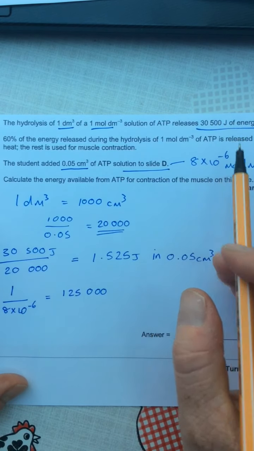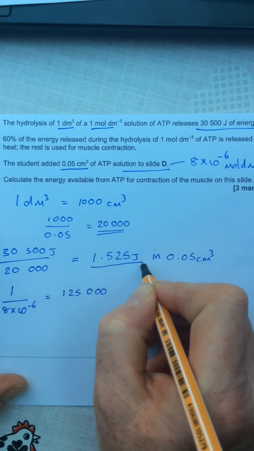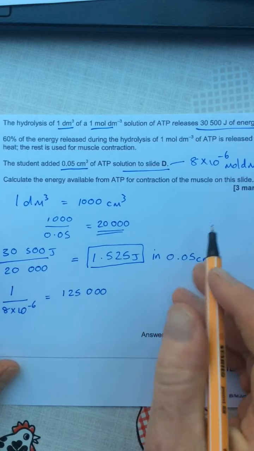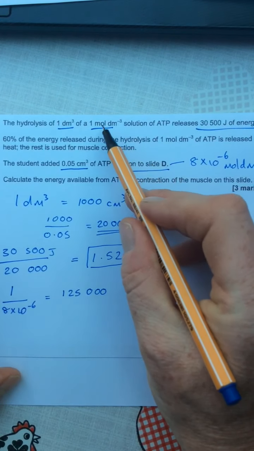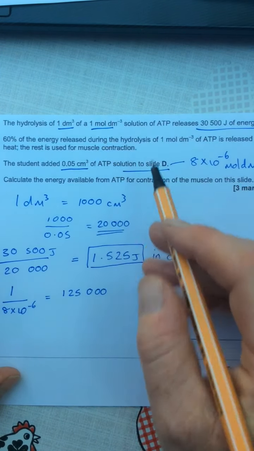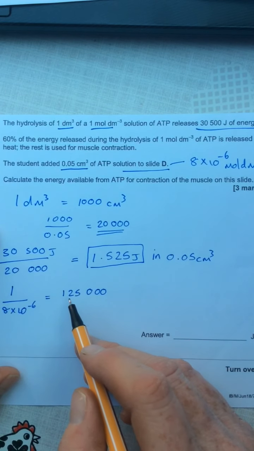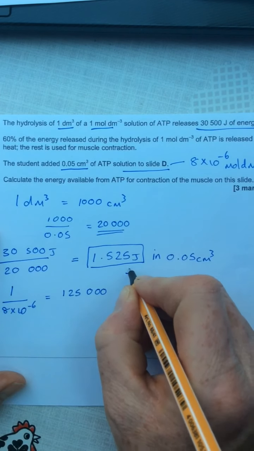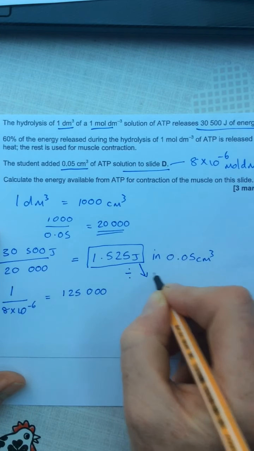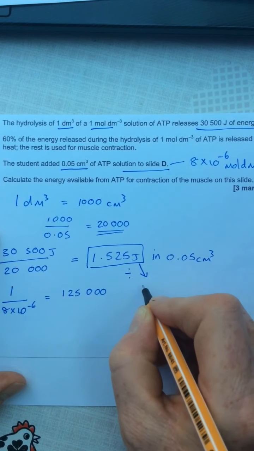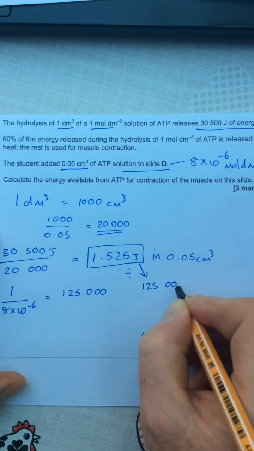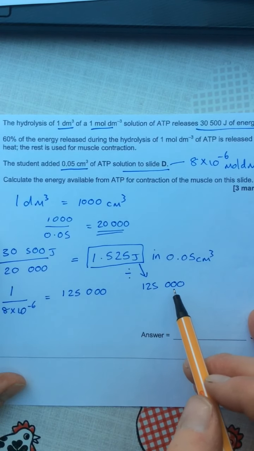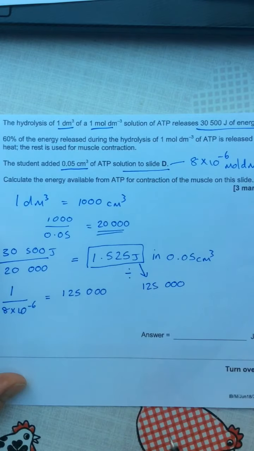So again, we take the value that we had here. We said there were 1.525 joules in 0.05 centimetres cubed of the 1 molar solution. We're using a much lower concentration, so we need to divide this number by 125,000, because the concentration we used was 125,000th of this concentration here.